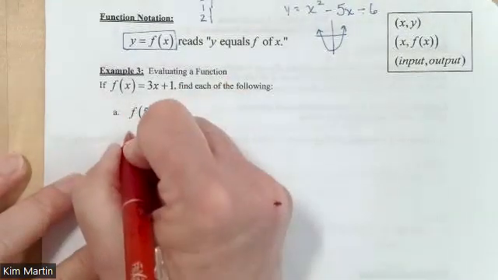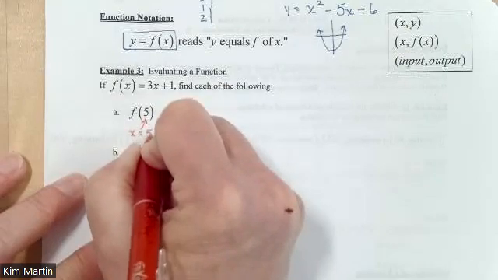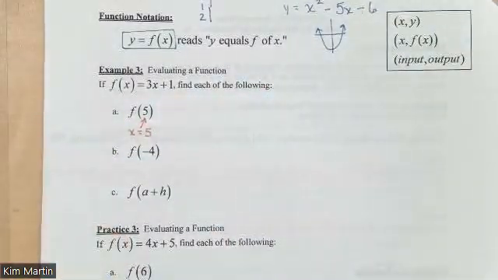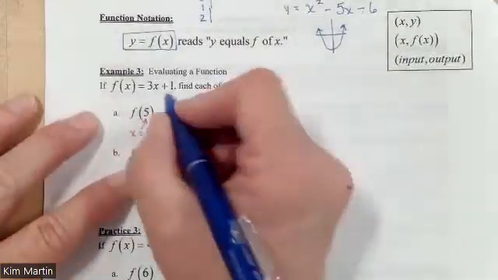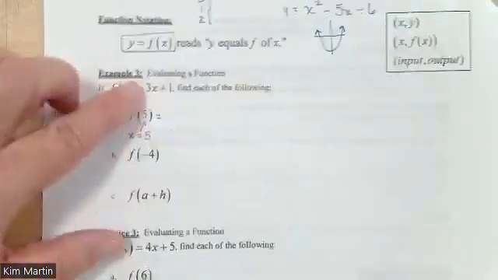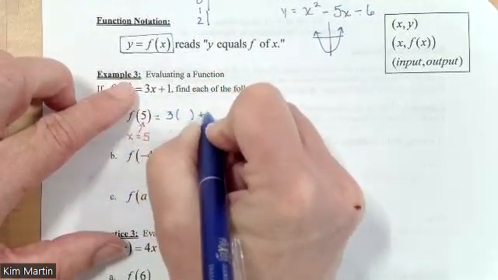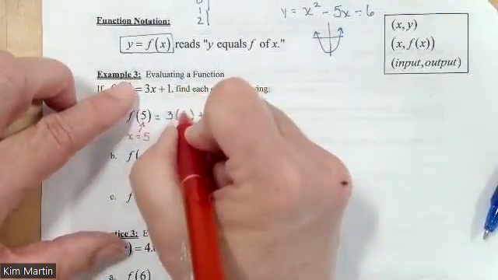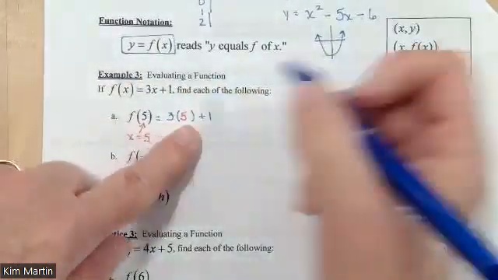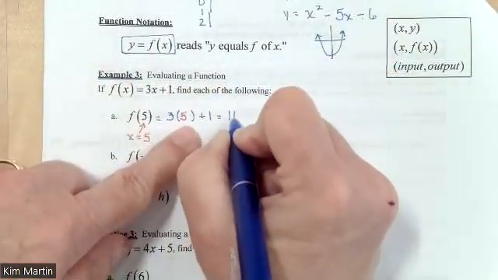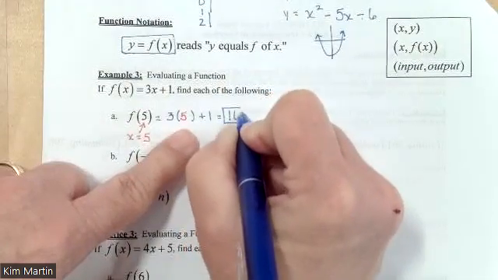This is saying that x equals 5. I want to know what my y value is going to be when x is 5. Just plug it in. 3 times 5 plus 1. 3 times 5 is 15, plus 1 is 16. Your answer is 16.